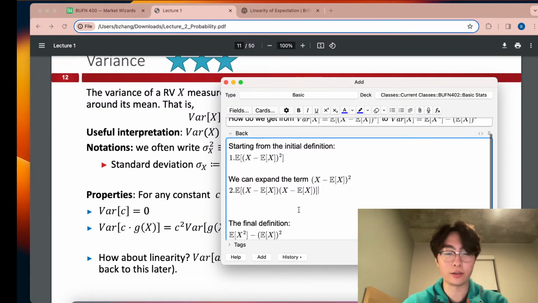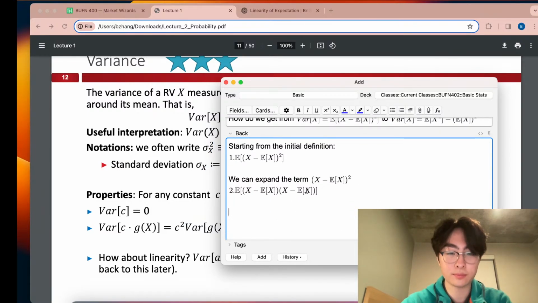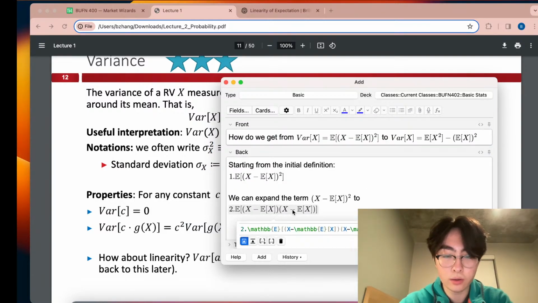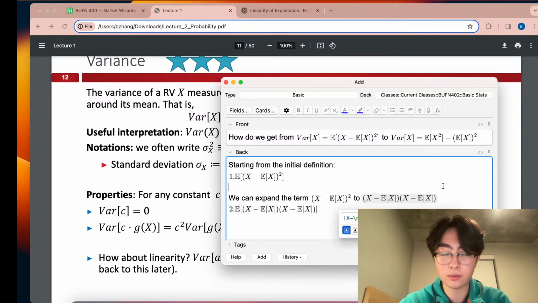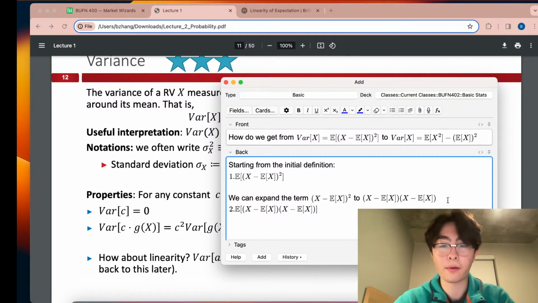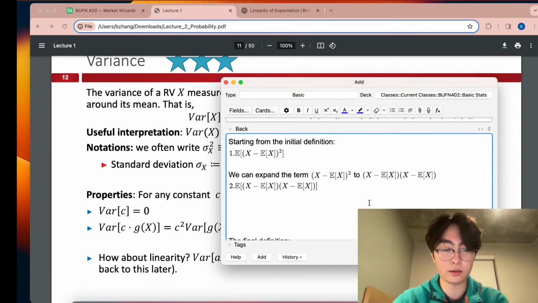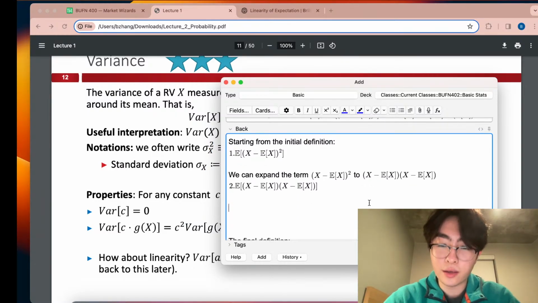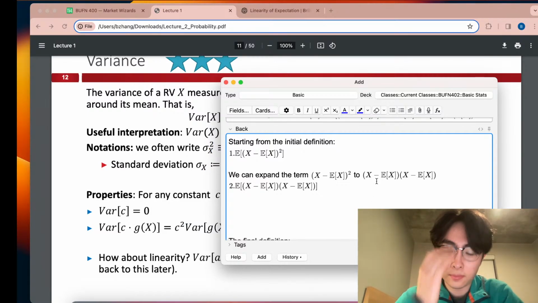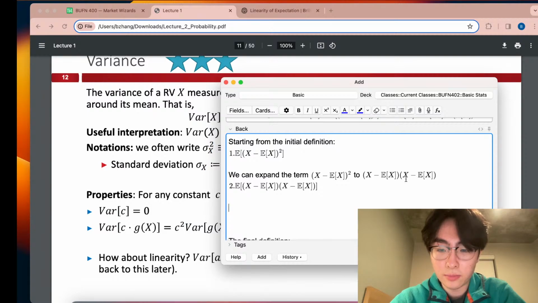So I think from here then, all right, so that's just the properties of an exponent. Okay, and then I think what we could say here is we multiply this by that x times the expectation of x.